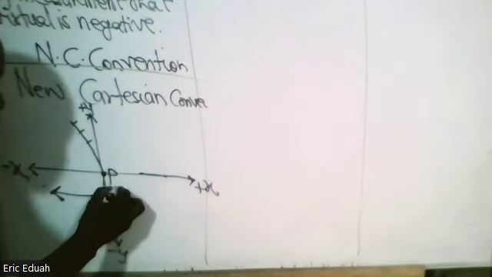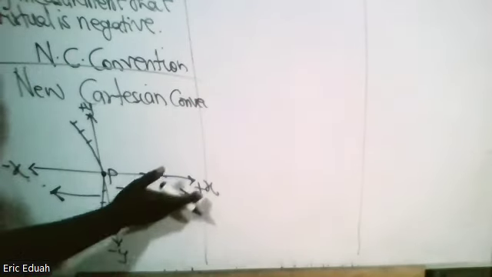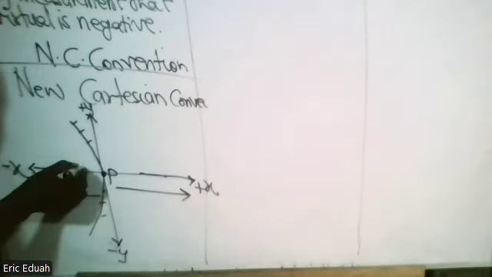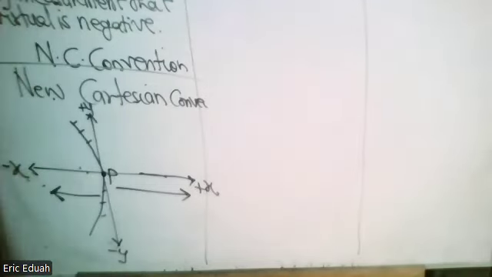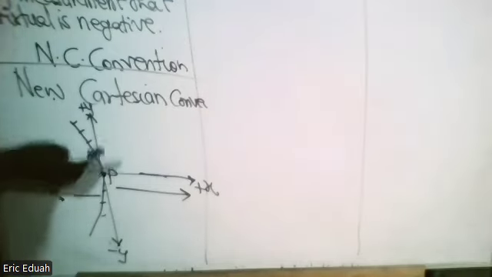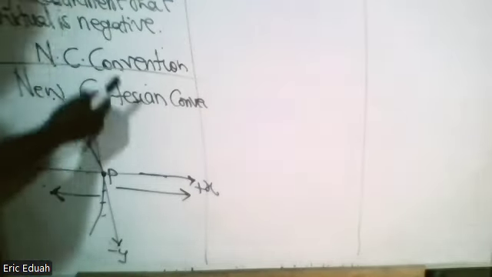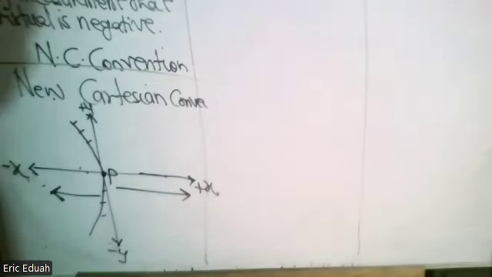Any measurement that occurs behind the mirror is positive because it falls within the positive x-axis. Any measurement up here is positive. Any measurement down here is negative. And this is what the N.C convention means. Please, is it understood?